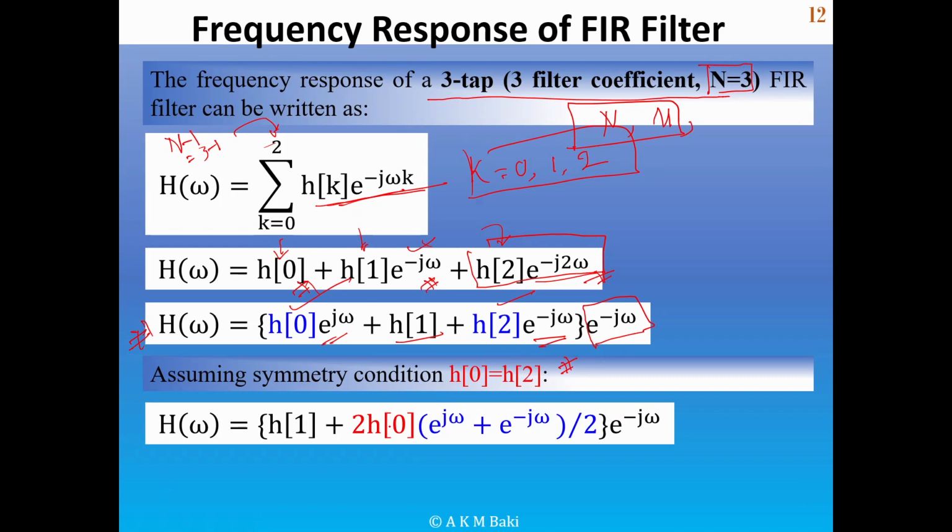Naturally, then it will be 2 times h of 0, and the factor which is common in this case is e to the power j omega.